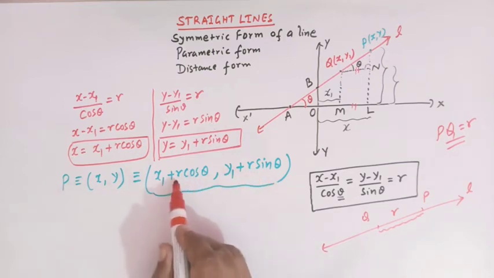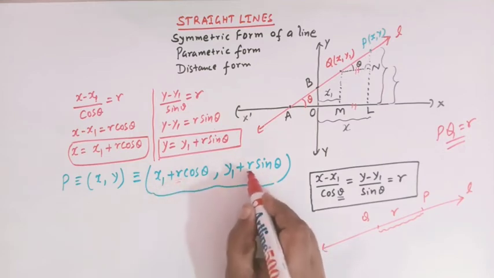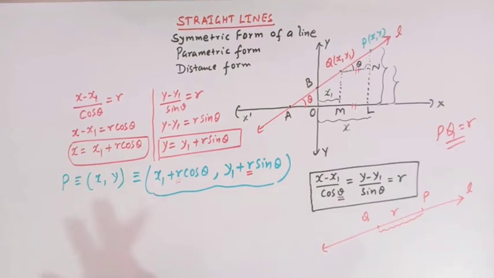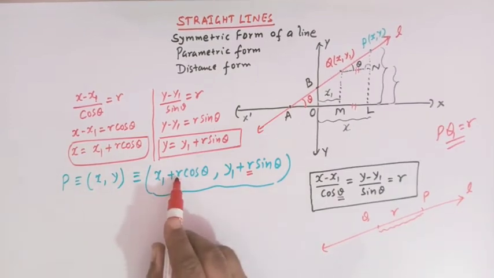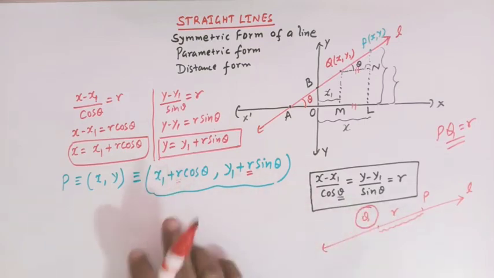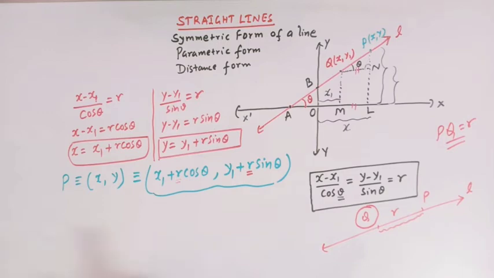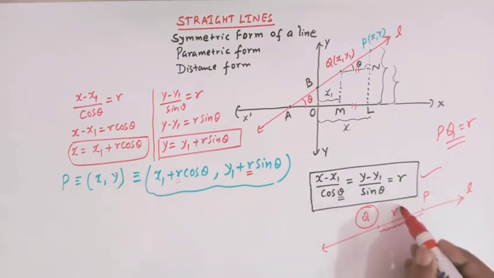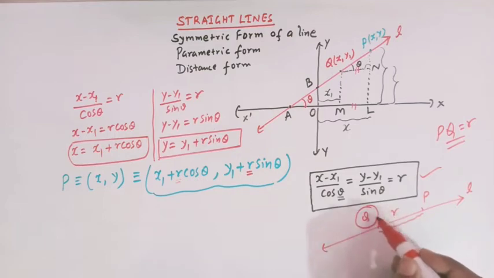Here we have this parameter r. So this point P is a point which is at a distance of r from this point Q. This is also an important observation from this equation: these coordinates represent any point P which is at a distance of r from Q.